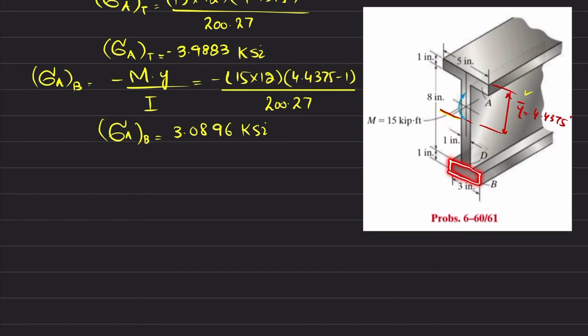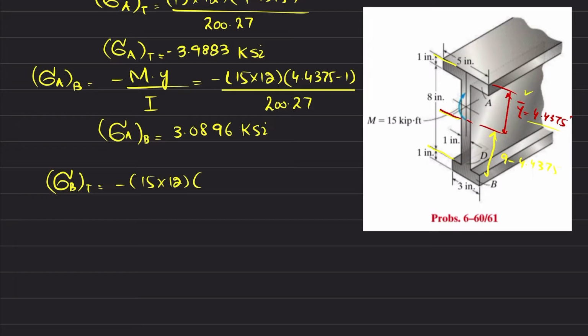Now we will move toward this flange, and we will calculate the stress at this top portion and then the stress at the bottom portion. So I will write sigma B top is equal to minus 15 into 12, and what is y? So y is the distance from this point to this top. The total is 9, from this point till this point, so 9 minus 4.4375 will be this distance.